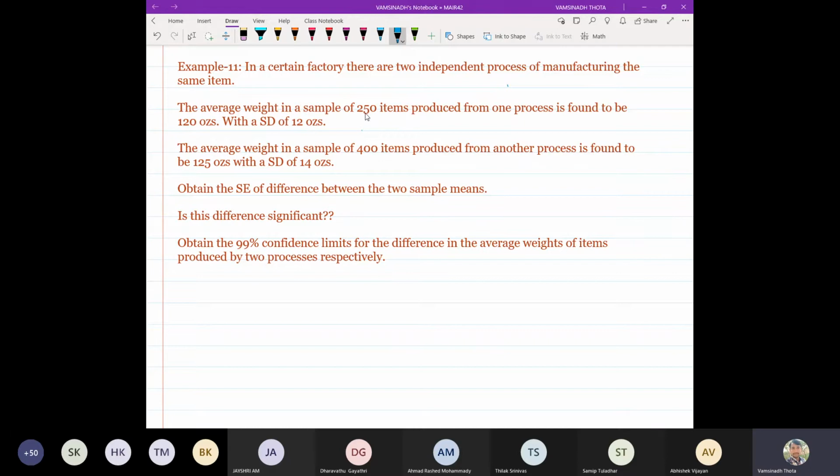The average weight in a sample of 250 items produced from one process is found to be 120 ounces with a standard deviation of 12 ounces.